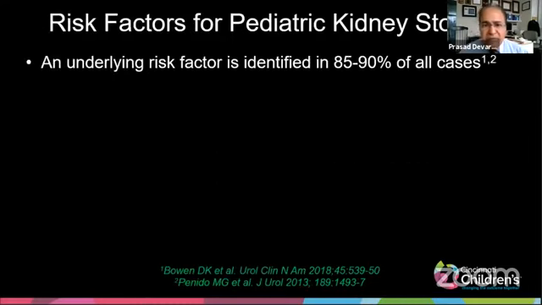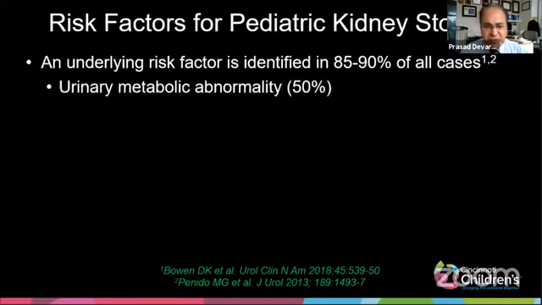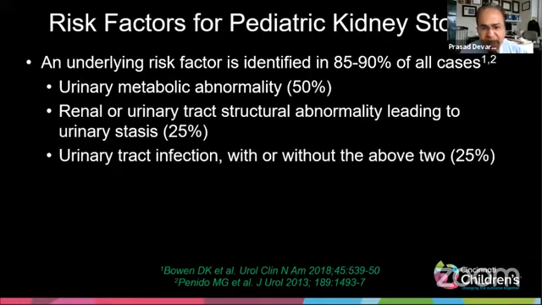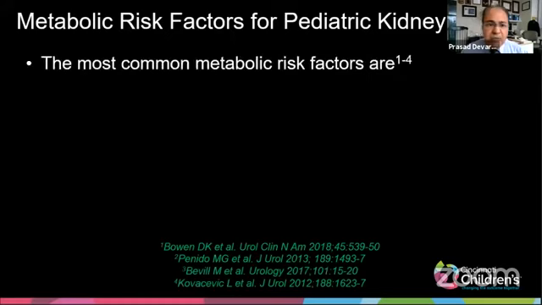An underlying risk factor, as I said before, is identified in 90% of all cases of pediatric kidney stones, either urinary metabolic abnormalities or urinary tract structural abnormality, or recurrent UTIs with or without any of the above two. So it really behooves us to very carefully look for these. What are the most common metabolic risk factors?